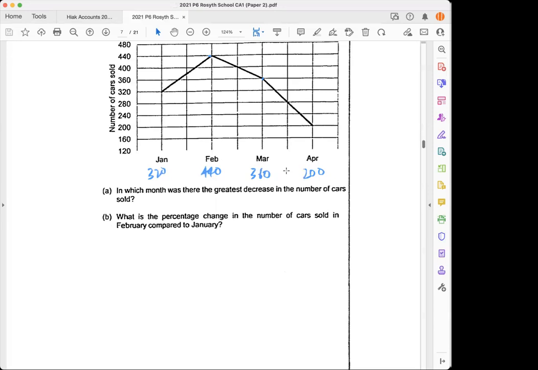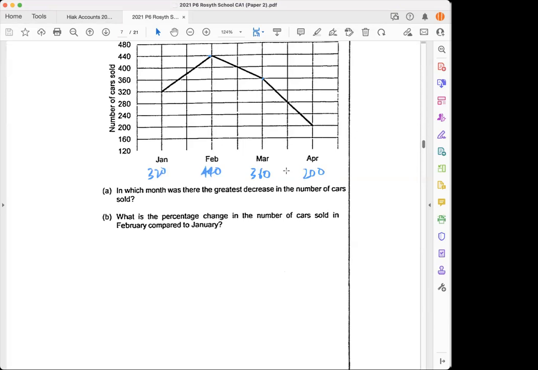Now, in which month was there the greatest decrease in the number of cars sold? So the greatest fall in the number of cars sold. Visually you can see April is the month, because from this to this there's the greatest dip.